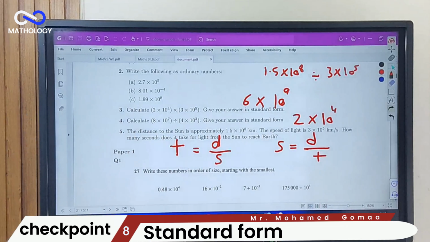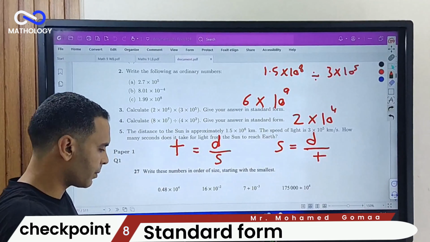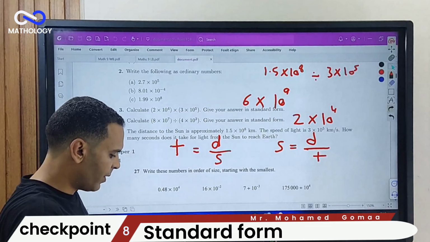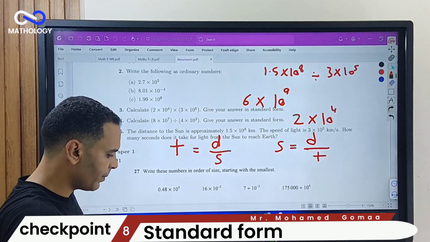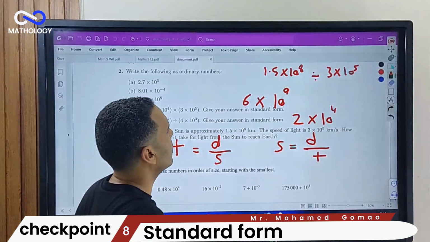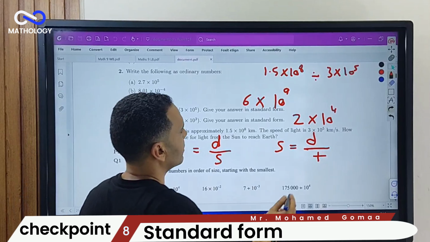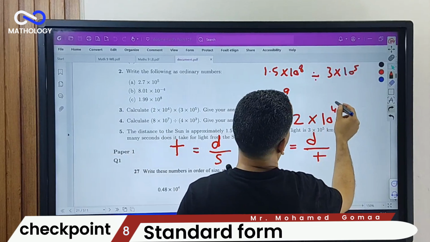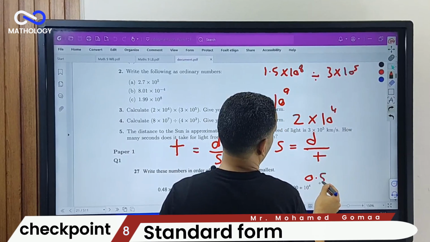You can use your calculator in this question. 1.5 divided by 3, which equals 0.5. We write the answer here.